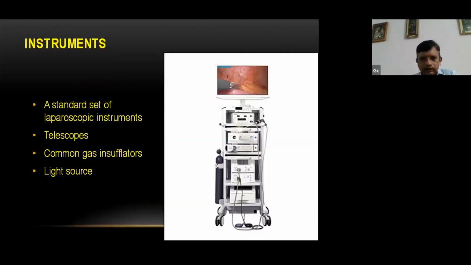Then instruments. Although no special instrument is required, you need good laparoscopic instruments, telescope, gas insufflator, light source. Like selection of the patients, you have to select your instruments also. Use a standard set of laparoscopic instruments, but a good brand is required, or you have to check by yourself because you can't take the chance.